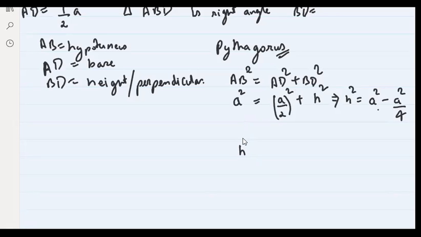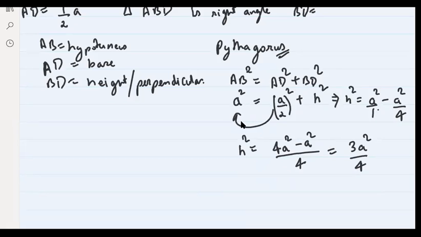So can I say that H squared is equal to, then we will take LCM. If we take LCM of 1 and 4, we'll get 4. Then 4A squared minus A squared, step by step. So it is 3A squared by 4. I just took this to this side.